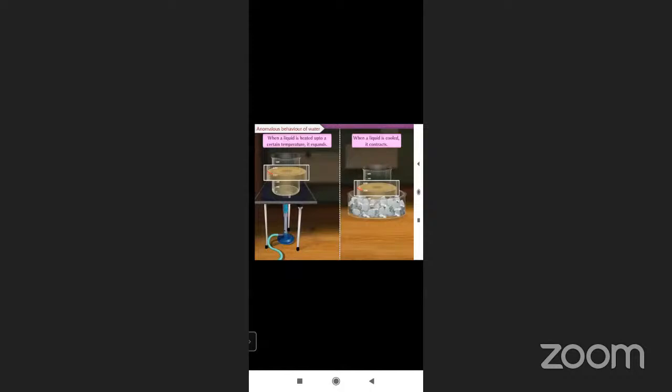And if the temperature of the object is higher than our body temperature, for example hot water, we feel the object is hot. So whenever we touch any object, whether we feel it is hot or cold depends upon our body temperature. Clear? So this is about regelation and one of the activities.